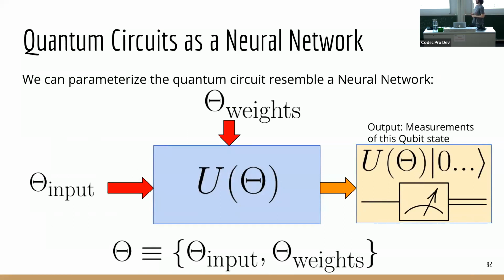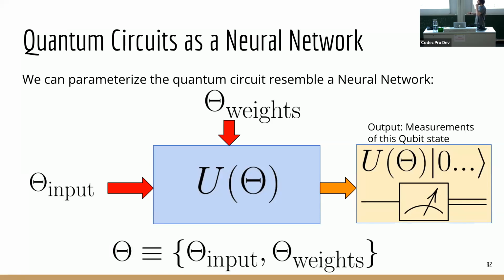So if we split our tunable parameters theta into two subsets, some theta which we associate with input data and some which we associate with weights, like you might see in a neural network, then we can begin to create a circuit which starts to resemble a neural network.